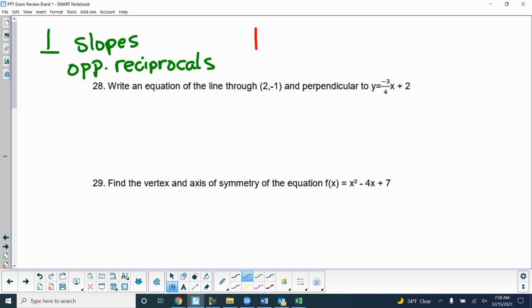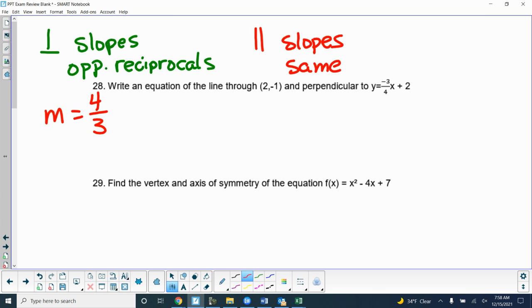Parallel, that's the symbol for parallel. Slopes are the same, right? So what's the slope of the line they give us? Negative 3/4. I want the line perpendicular to that, right? So what's the slope that I want to use? Positive 4/3. Questions on that?